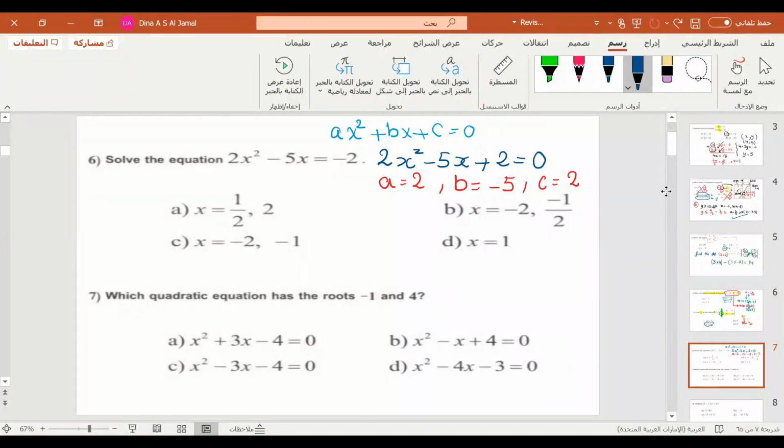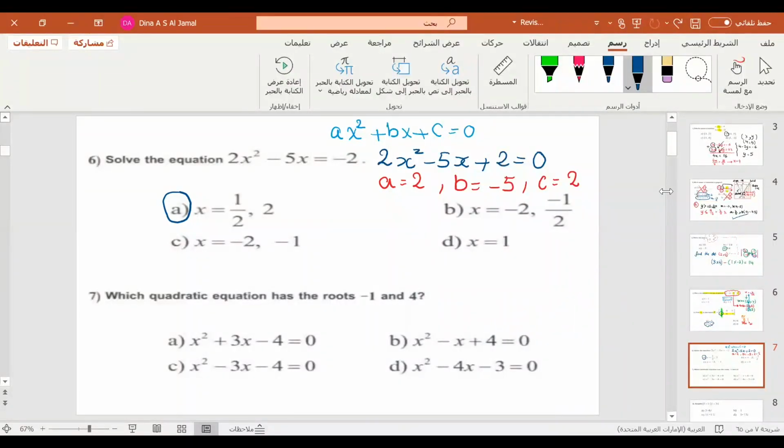If you would like to use the calculator method, then you can press mod 5, then 3. And after getting this, you'll be having your answer as A. So please try the factorization, try the quadratic formula, try the calculator method. All of them will be giving you the same answer. x is equal to half and x is equal to 2.